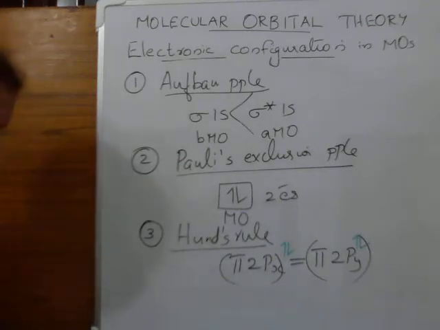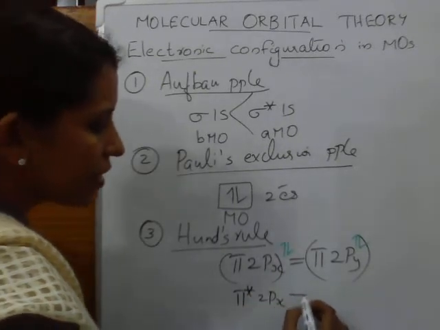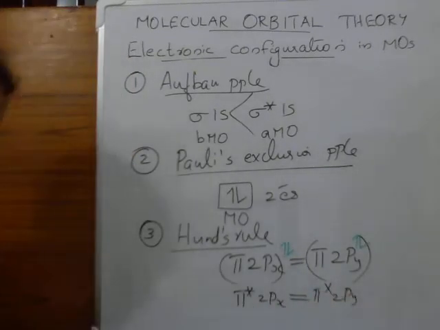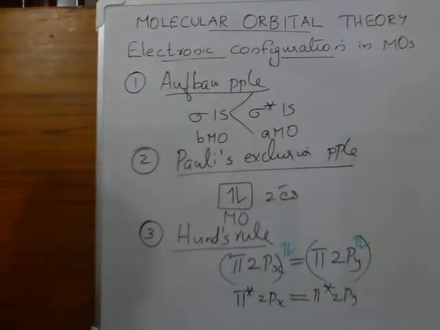In the same way, pi star 2px is the same in energy as pi star 2py. Here also, when you need to arrange electrons in pi star 2px and pi star 2py, we need to obey Hund's rule. Each orbital is singly occupied with an electron.